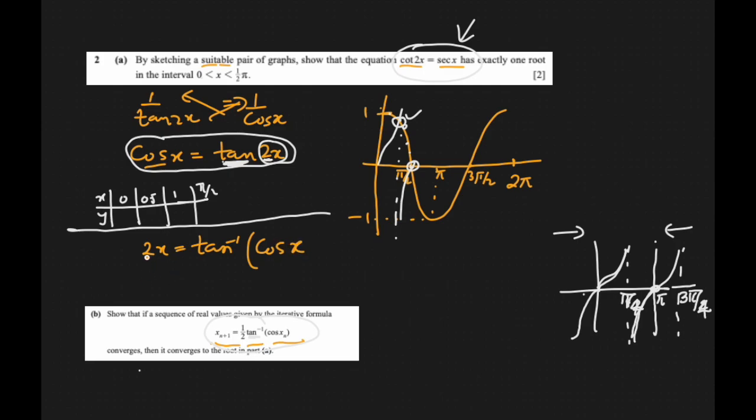And now I have to get rid of this 2 because they want x to be isolated. So I will take this 2 and divide, let's divide it here and divide here equally, so that this 2 goes. So what I'm left with is x is equal to half tan inverse cos x, and that is exactly what they wanted. Whichever is isolated, we always write that as x n plus 1. The one which is on the other side is written as x n. It is matching with whatever they wanted us to show.